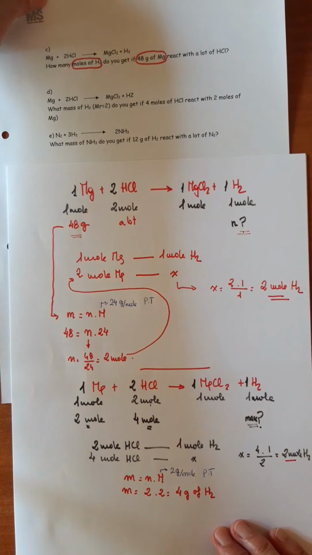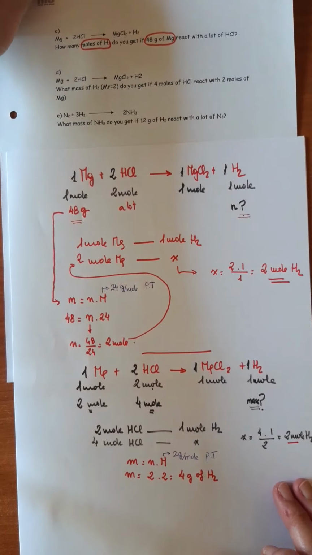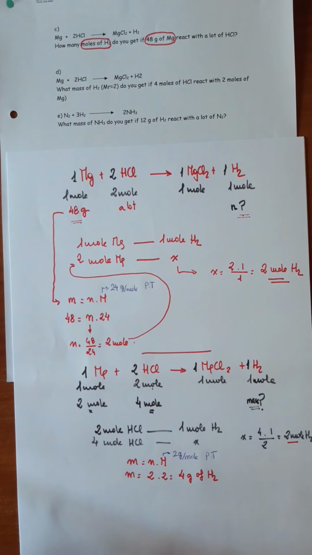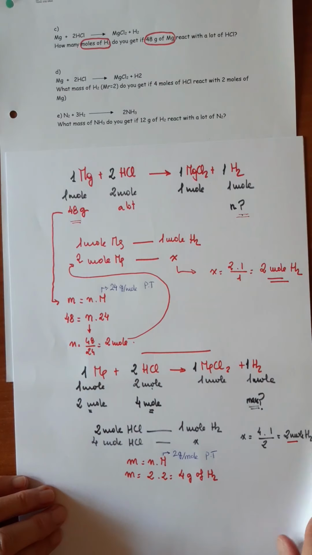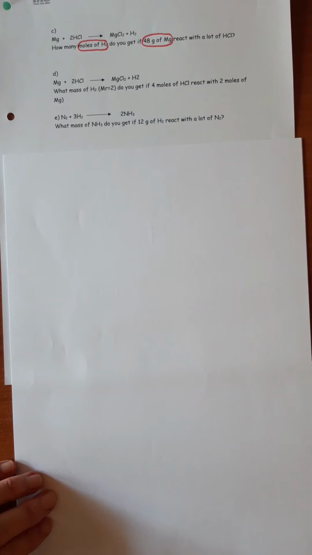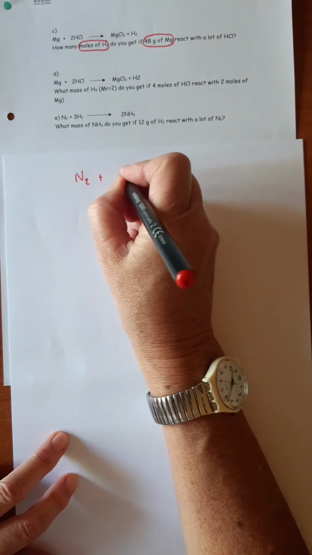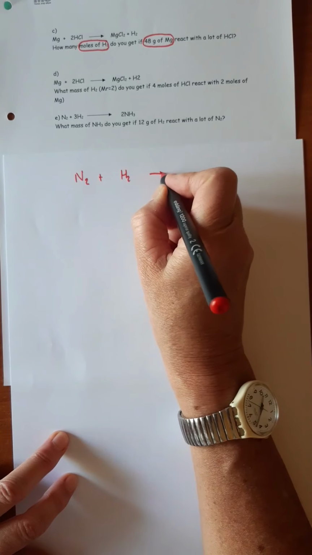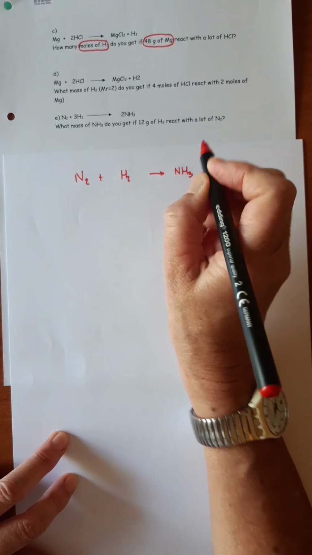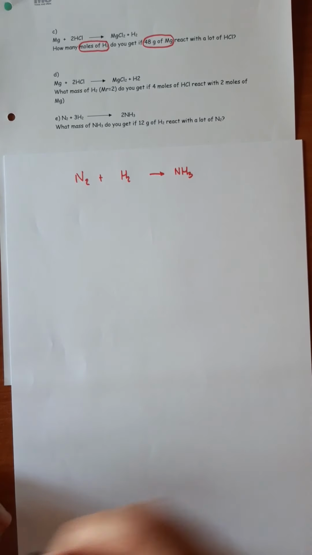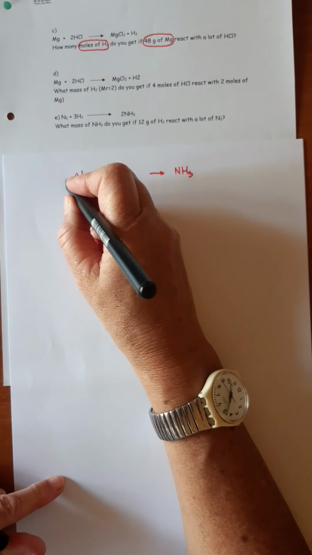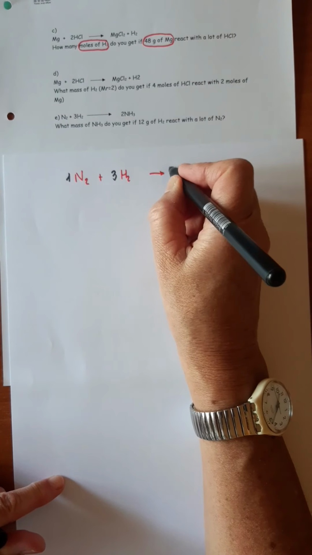And the last one is another reaction, which is nitrogen plus hydrogen to get ammonia. And the stoichiometric coefficients are 1, 3, 2.